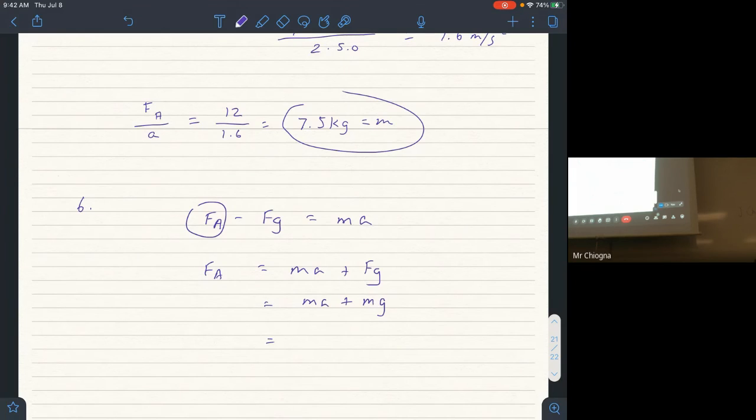Everything you use to plug in is absolute value, positive values. Yeah, that makes sense. 65 newtons up. It just asks you for the magnitude. It's 65.